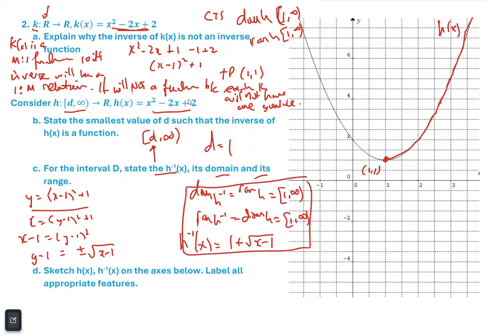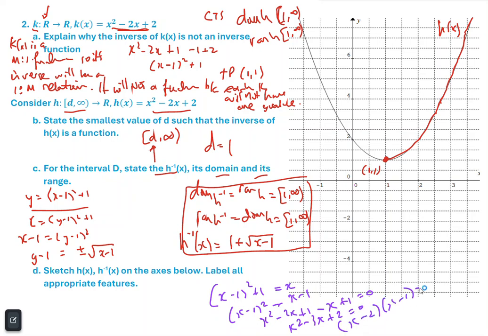And lastly, I need to draw a graph. So I've done my h of x in red. I'll now do my other one in purple. I need to find the intersection point. So I might go (x minus 1) squared plus 1 equal to x, which means x squared minus 2x plus 1 minus x plus 1 equals 0, x squared minus 3x plus 2 equals 0, and that's (x minus 2)(x minus 1) equals 0.